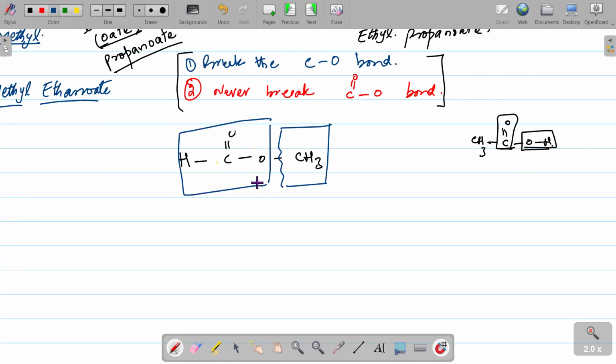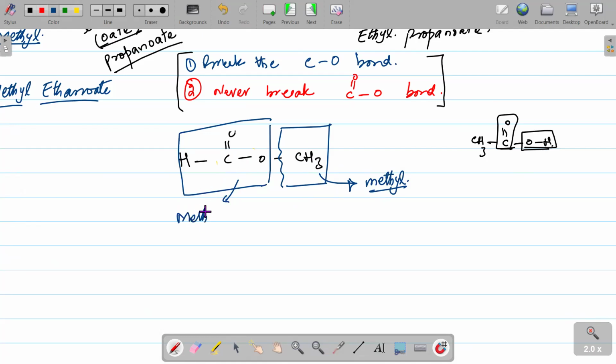Now, which part came from alcohol, the right one or the left one? Definitely the right one, without oxygen atoms. So its name, with one carbon atom, is methyl. And the other part, which came from carboxylic acid, has one carbon atom, so its name will end at oate.